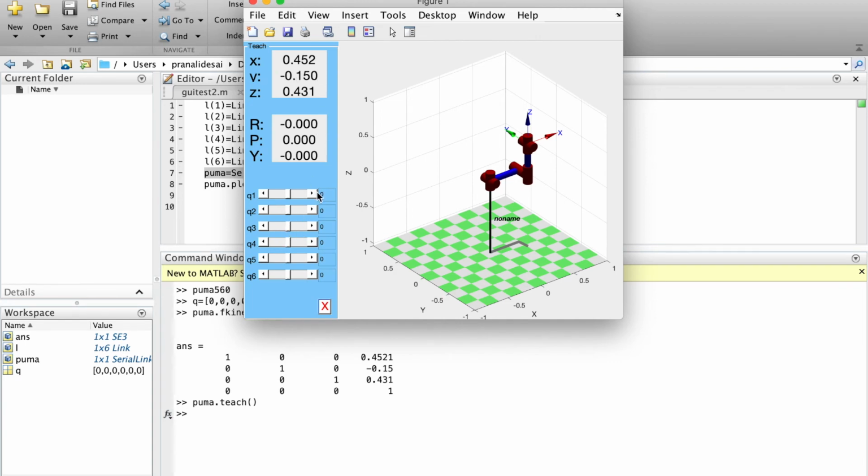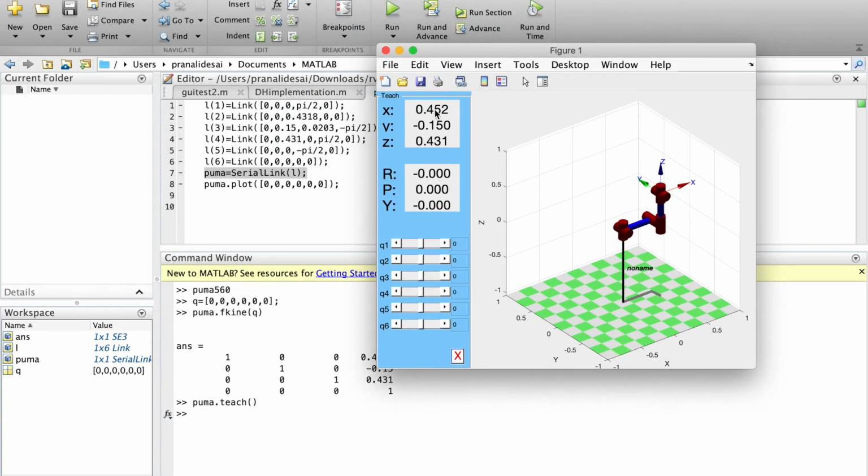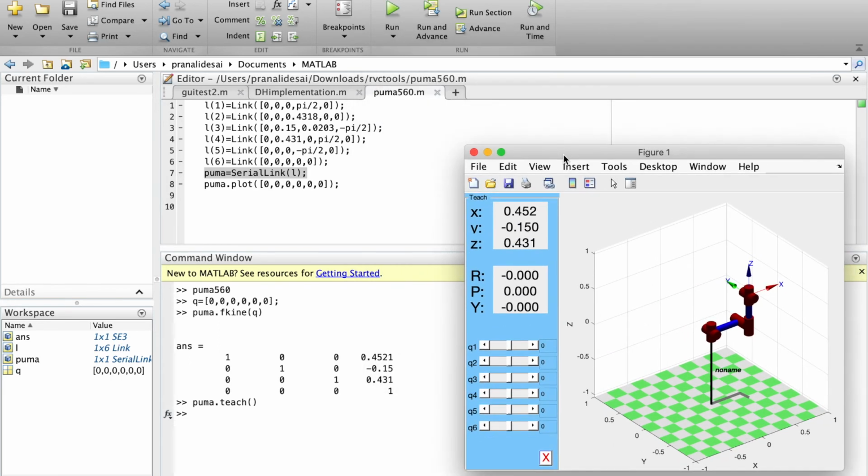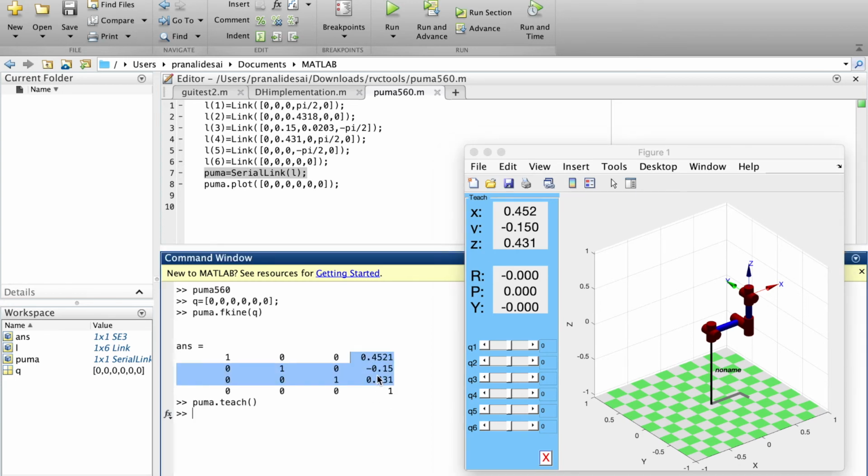So we can verify: if I have angles 0, 0, 0, 0, the original values which come are 0.52, minus 0.15, 0.43. To check if our forward kinematics is doing the same thing, yes, we are getting exactly those angles and positions. So I think this is a good one.